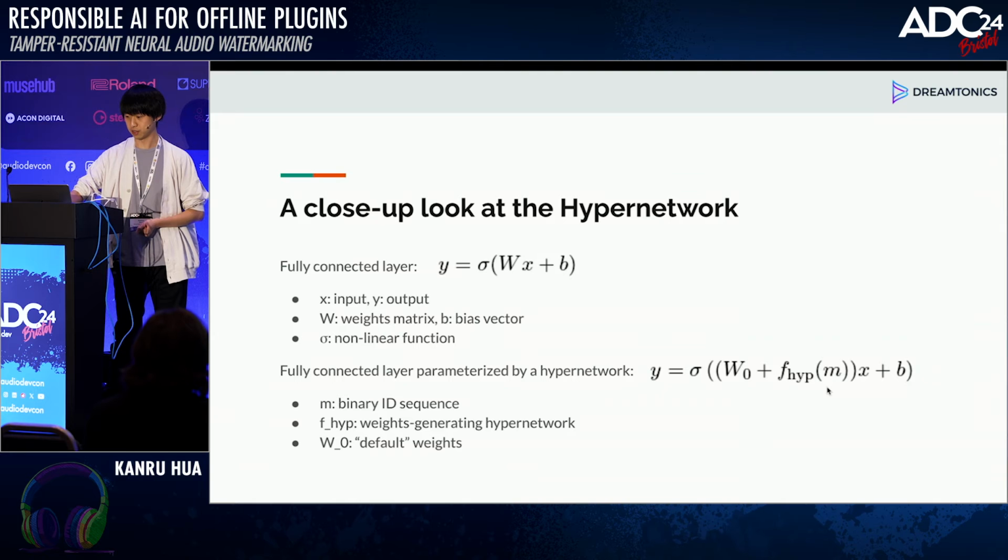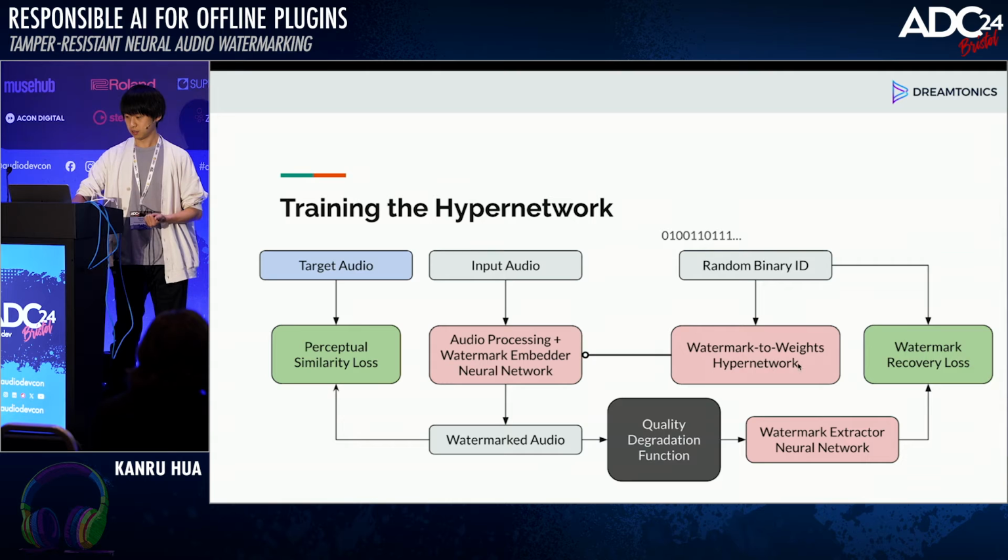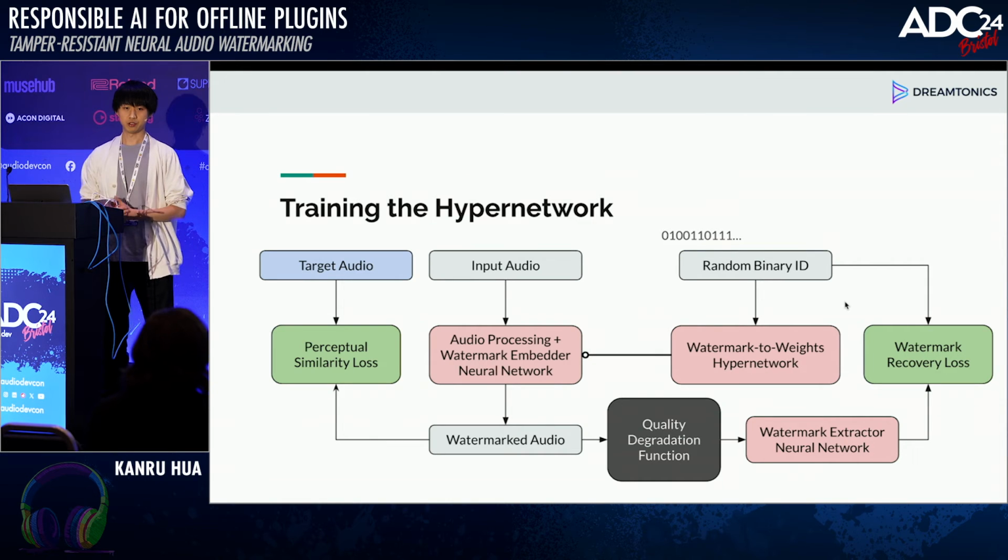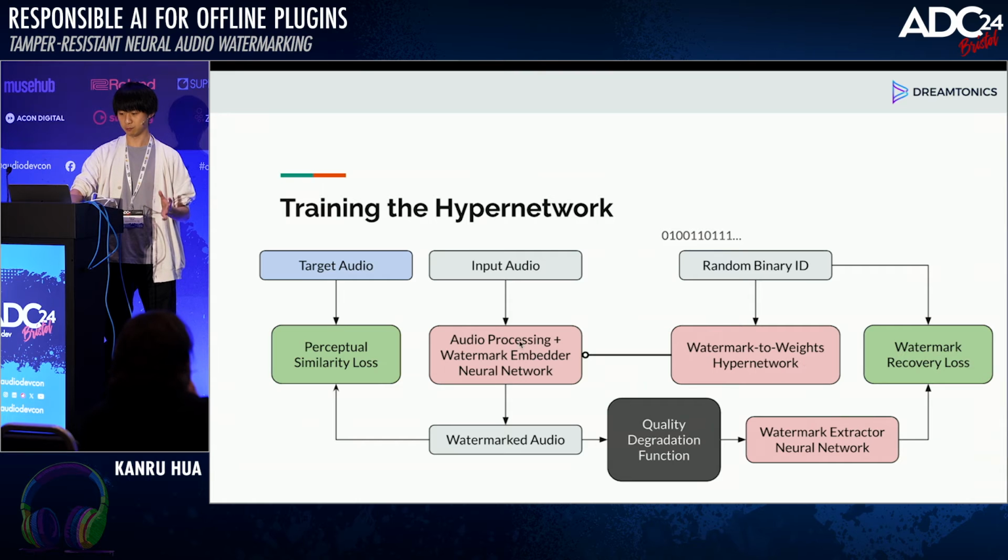And the way you train it is you don't train this directly, because all the parameters are being generated by the Hypernetwork. Instead, in each training iteration, you generate a random user ID for each sample in the batch, and you use that to generate a new network for each sample in the batch. And the rest is the same. So you're just training a Hypernetwork to generate networks that can generate watermarks.